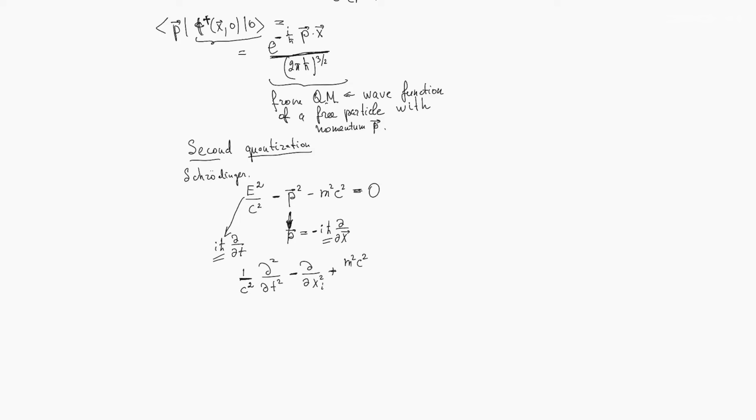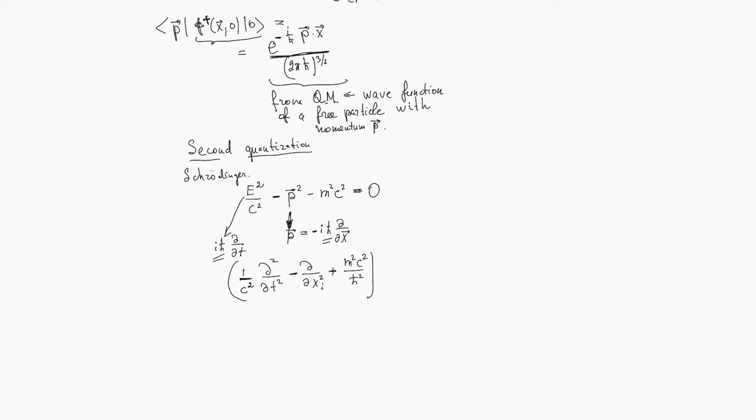So instead of the usual mass shell condition, which is formulated in terms of numbers, E and p, where p is a vector and E is a number, now you have a second order differential operator.